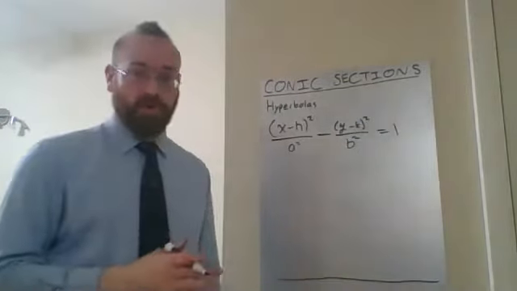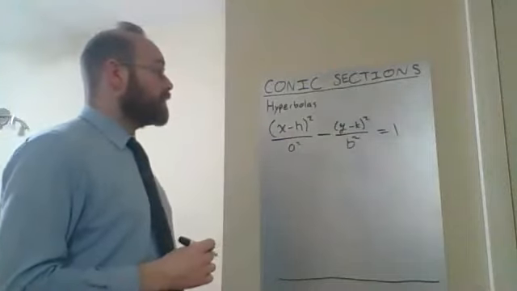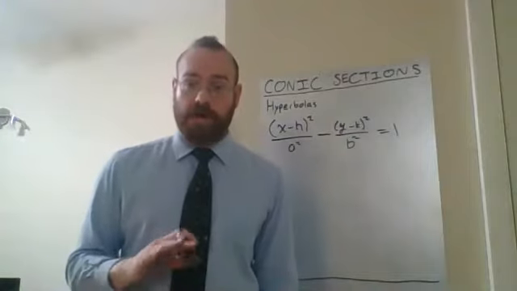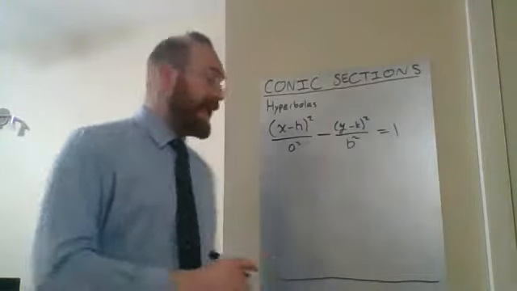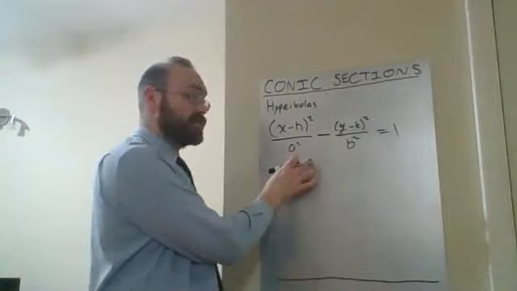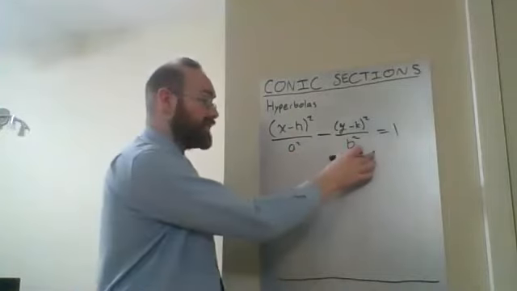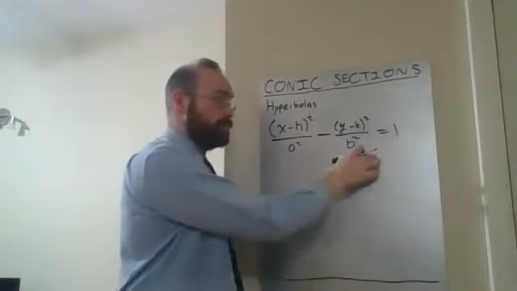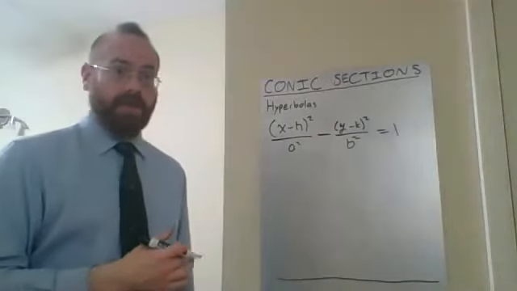So far, so good. In this case, however, it doesn't matter which is bigger, A or B. That's unimportant. A always comes with the first term, and B is always with the second term. A is the positive, B is the negative.